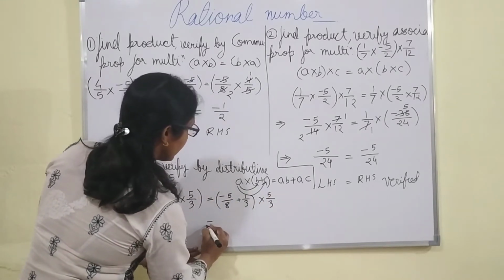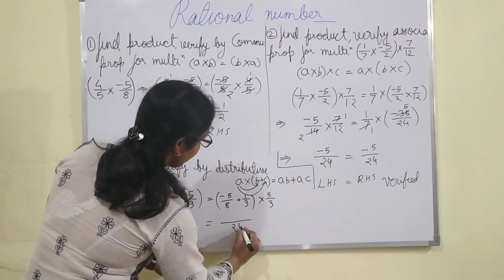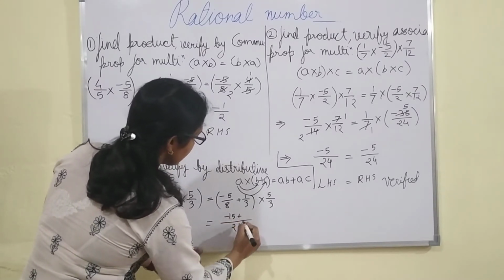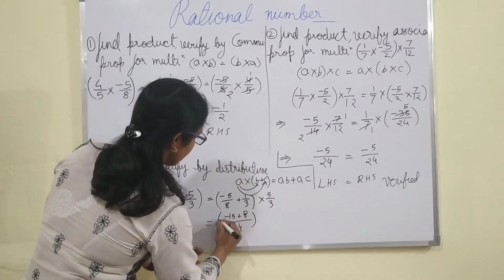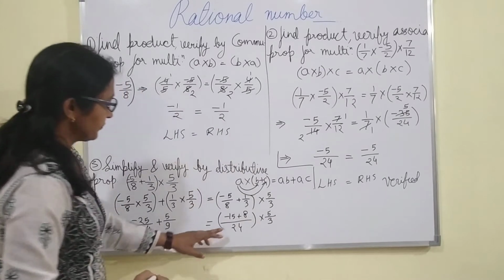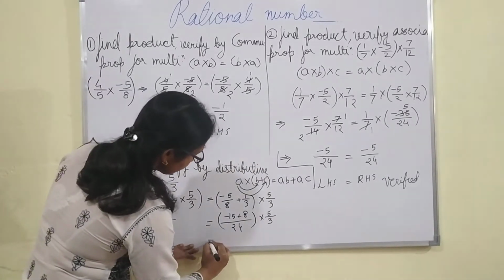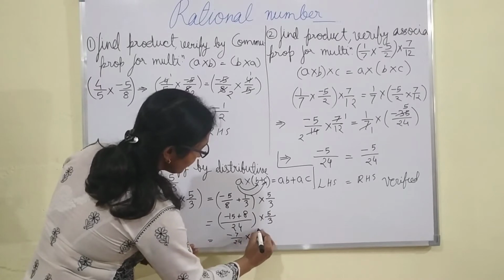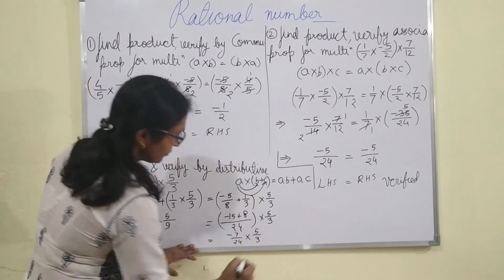So here 24 minus 15 plus 8 into 5 upon 3. Then minus 7 upon 24 into 5 upon 3.